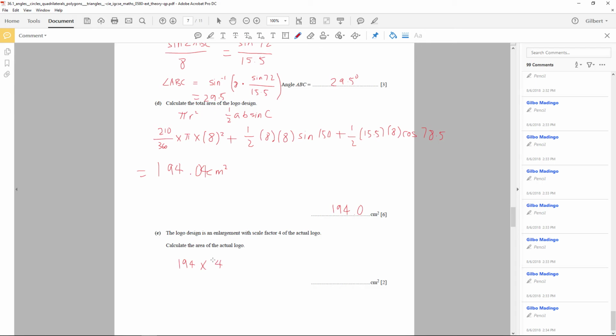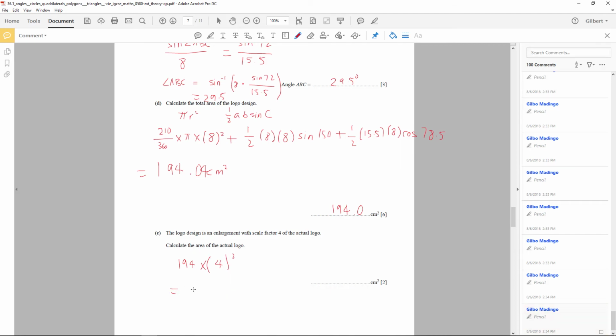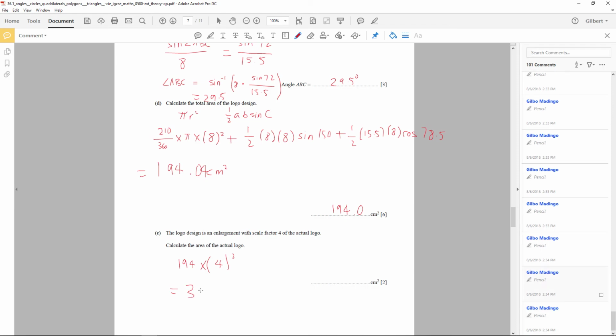But notice that this is actually scale factor of 4 for a square. So therefore it's supposed to be times 4 square. So it will be 194 times 4 square, which is 3,104 square centimeters.